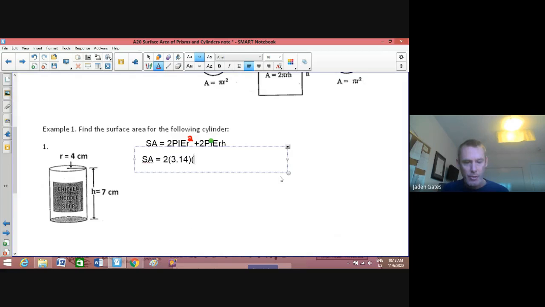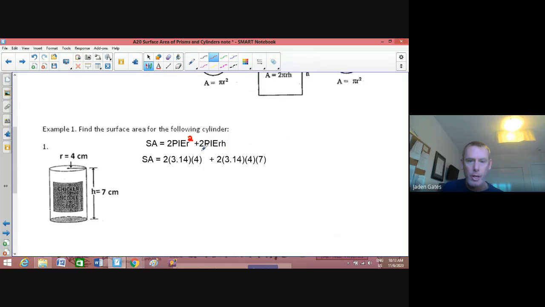Right on the diagram, it tells us it's 4, and I've got to square it. Then I've got 2 times 3.14 times the r, again 4 from my diagram, times my height, 7. And now let's put the squared in there.